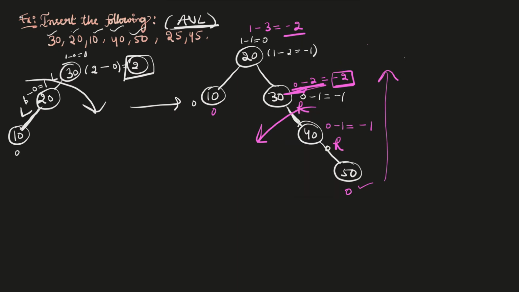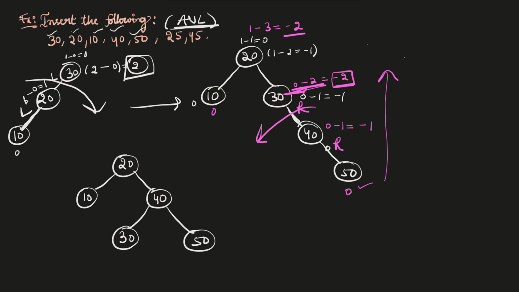So 20 would be as it is, 10, and now rotating 30 towards the left side, 40 would get attached to 20, and 30 would be at the left side of 40 and 50 at the right side of 40.